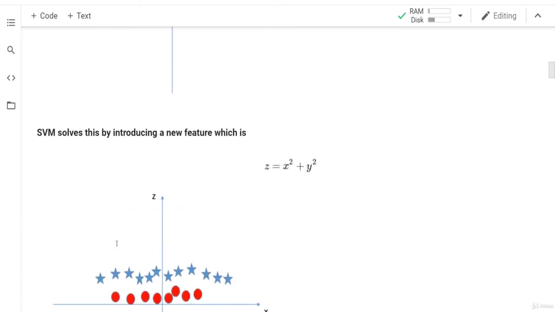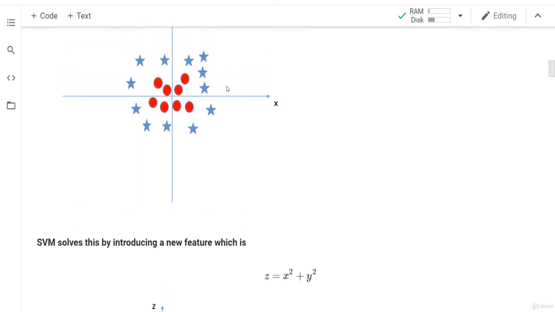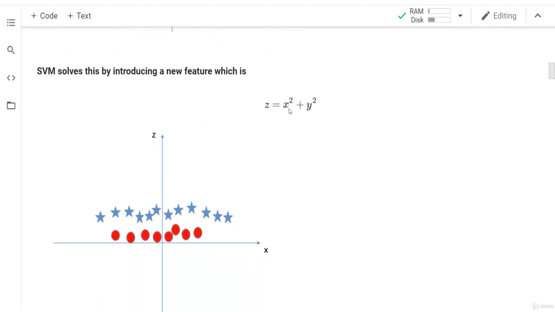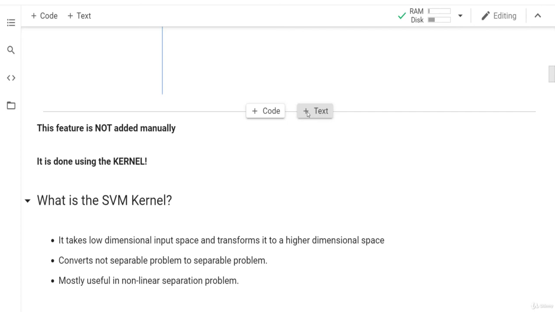We take these two features in 2D and go to 3D, where Z is X squared plus Y squared.